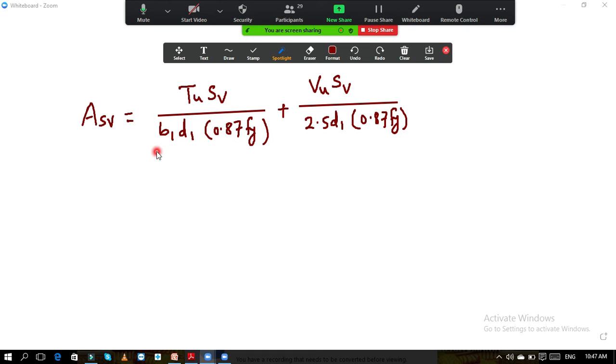Now there is one more thing they have included here. This is your reinforcement, but there is a clause for minimum reinforcement also. So you can calculate the reinforcement by using this formula, but also the total shear or transverse reinforcement.